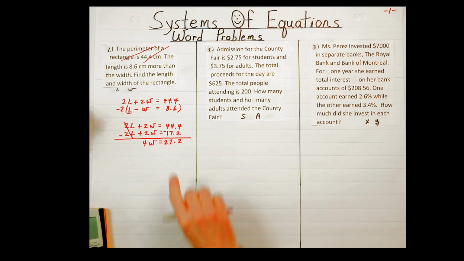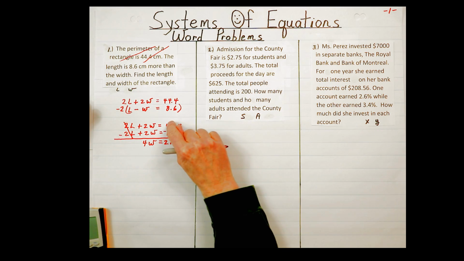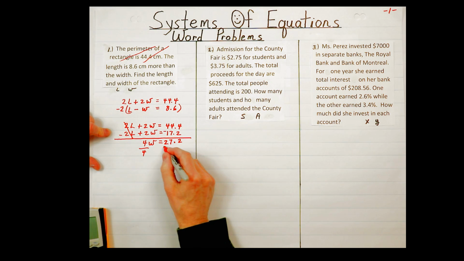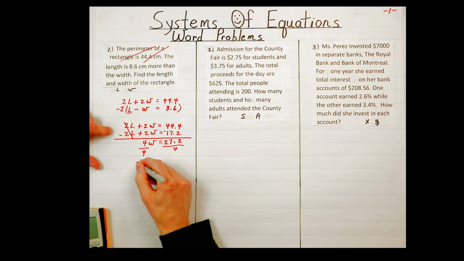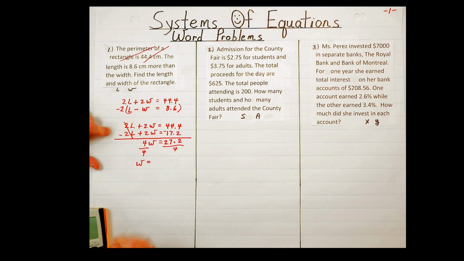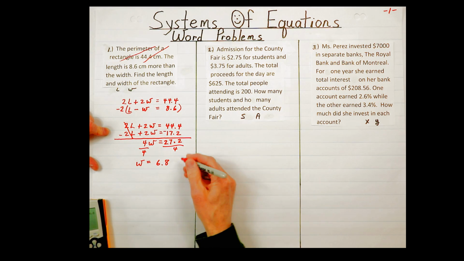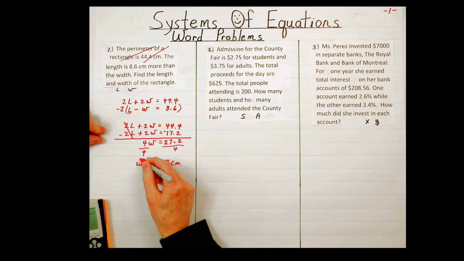And that, I believe, is right. Yes, 27.2. And now I have to divide by 4. I hope this is making sense to you guys. 27.2 divided by 4, just making sure these are right. Okay, so I have 6.8, so this would be centimeters for my width.